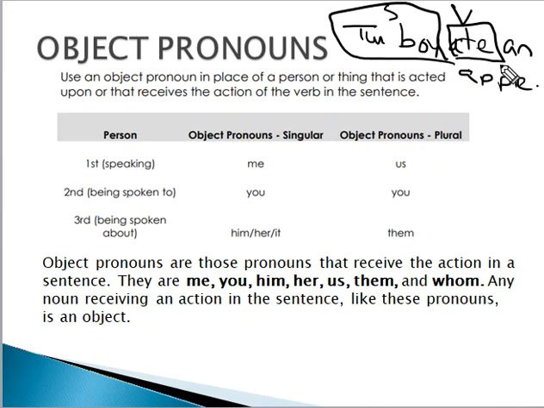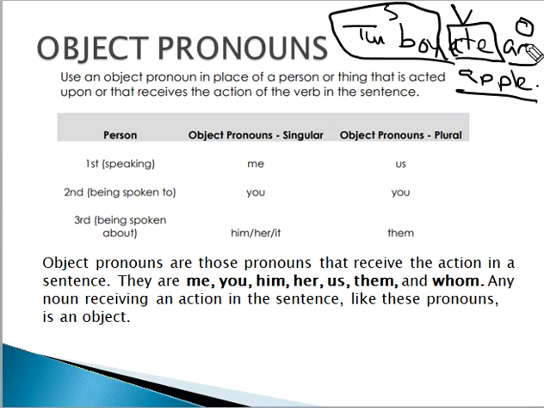What is he doing? He's eating, or he ate actually in the past. What did he eat? Well, the boy ate an apple. So that's the thing that he ate, the thing that received the action of the verb. We call it object.